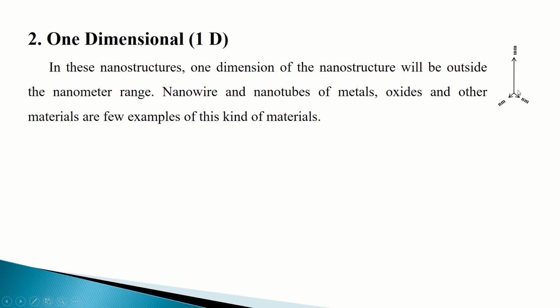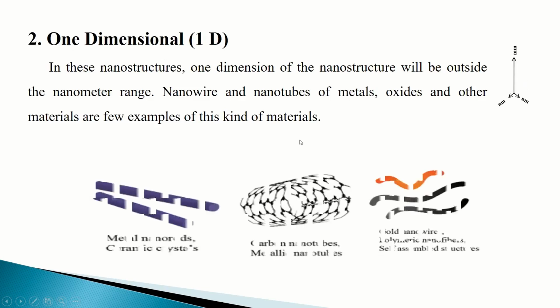So if it is outside the nano range in 1 dimension, it is called one dimensional. Examples for such kind are metal nanorods, carbon nanotubes, and gold nanowires. These are all one dimensional nanomaterials because they are outside the nano range in 1 dimension.